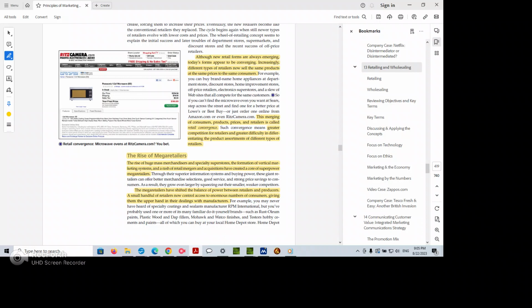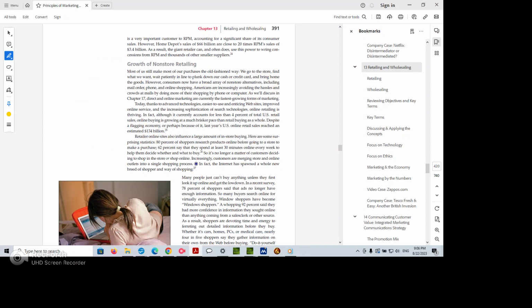For example, you may never have heard of specialty coatings and sealants manufacturer RPM International, but you've probably used one or more of their familiar do-it-yourself brands such as Rust-Oleum paints, Plastic Wood, Dap fillers, Mohawk and Varathane finishes, Testors hobby cements and paints, all of which you can buy at your local Home Depot store.